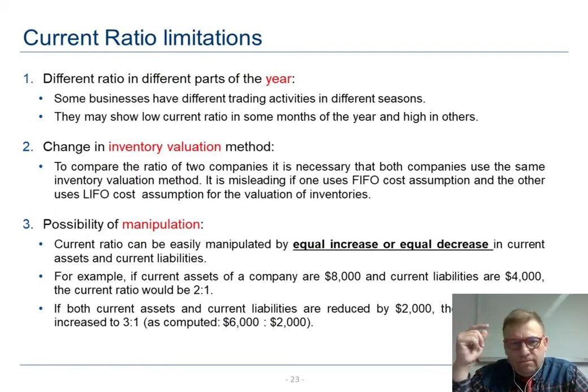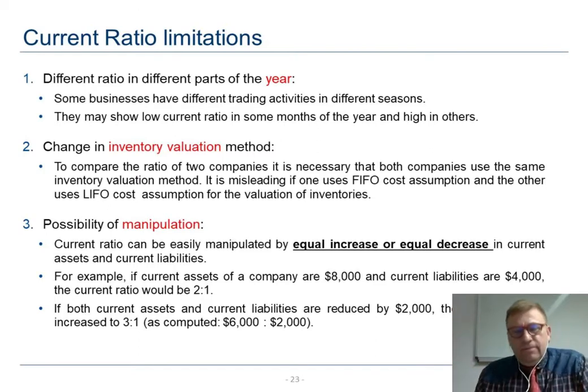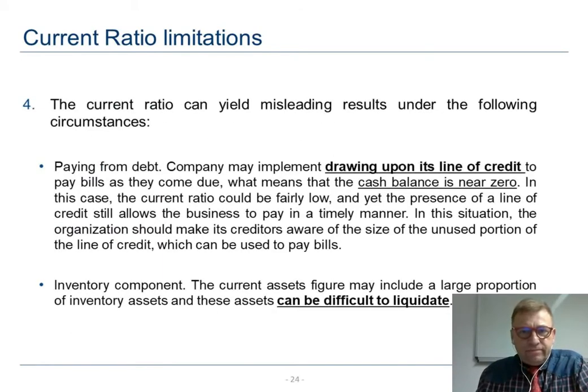Actually, it would be 2. Yes. If both current assets and current liabilities are reduced by 2,000, then it will be 6,000 divided by 2,000, and then the ratio suddenly increases to 3. Difference? So it's easy to show and to cover some things in the ratios.